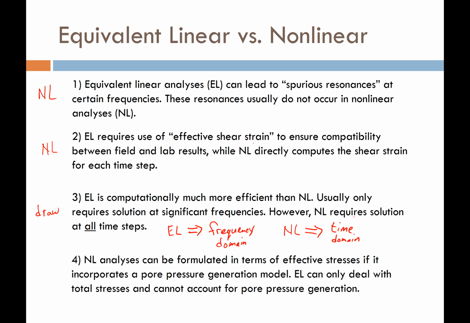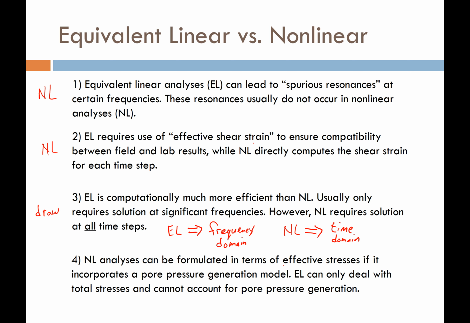Okay, round number 4. Nonlinear analyses can be formulated in terms of effective stresses if we have a pore pressure generation model. Guys, I cannot tell you how cool this is. I can't convey my passion and excitement for this to you.